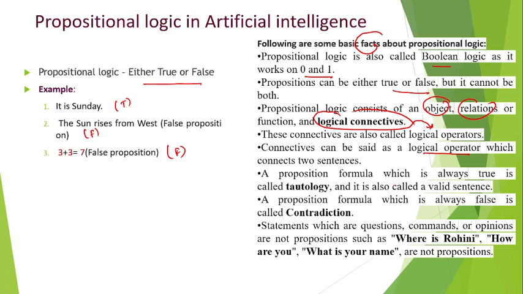A propositional formula which is always true is called a tautology, based on valid statements or facts, and a propositional formula which is always false we call a contradiction. Propositional logic cannot be a command or question, like where is Rohani, how are you, what is your name. That cannot be propositional logic. So the basic thing in propositional logic is true or false, and two or three valid sentences, and it can explain what tautologies and contradictions mean.